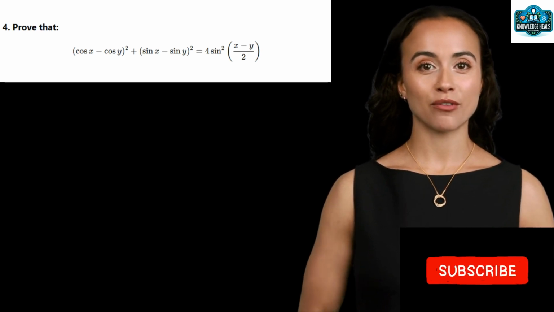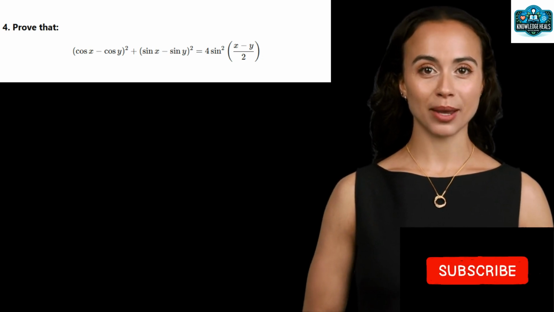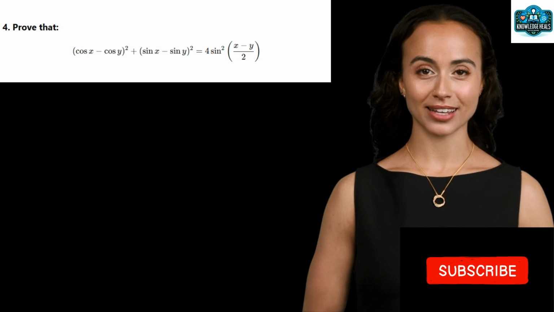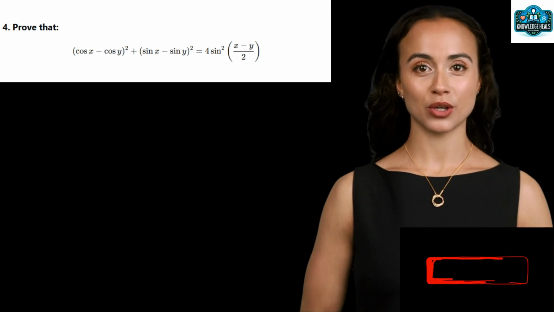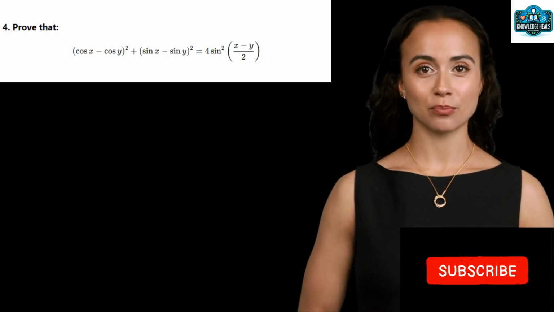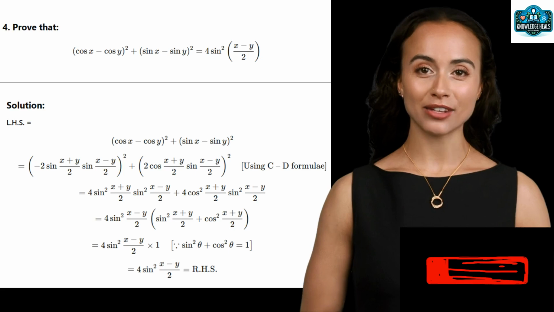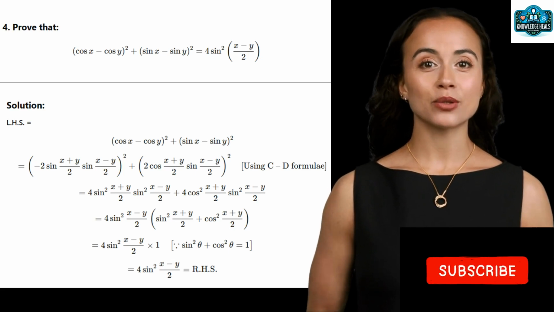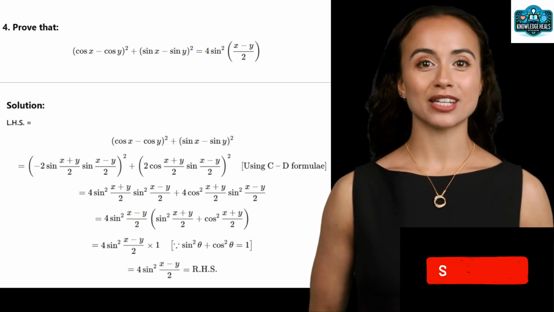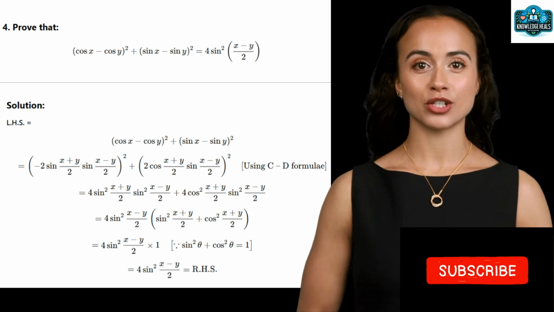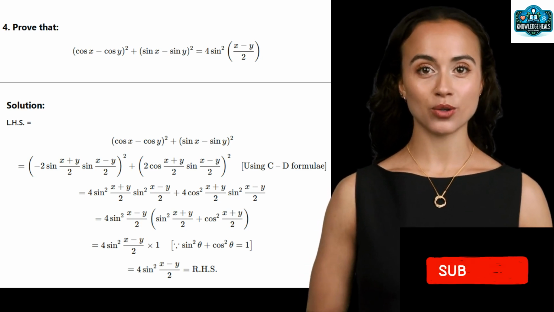Let's move on to our fourth question, that is (cos x minus cos y) the whole square plus (sin x minus sin y) the whole square is equal to 4 sin square (x minus y) by 2. That equation we have to prove. Let's focus on our solution, and here we will use the CD formulae, which gives minus 2 sin of (x plus y) by 2 into sin of (x minus y) by 2, the whole square plus 2 into cos of (x plus y) by 2 into sin (x minus y) by 2, the whole square.